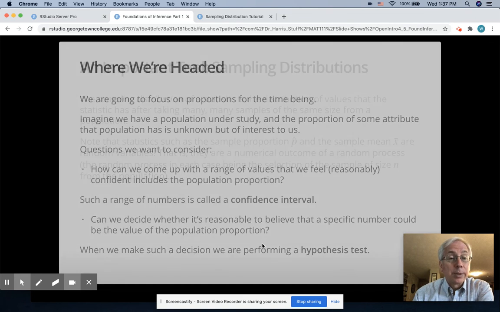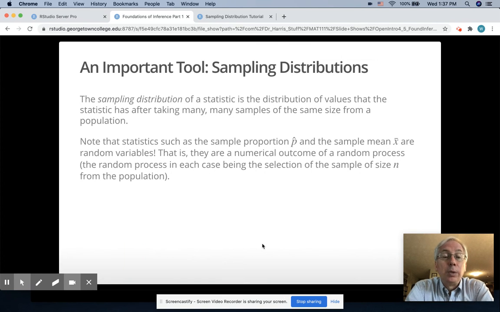But before that, we need to introduce the notion of what we call a sampling distribution. And that's what our second video is going to focus on, is trying to get a little bit of a handle on what we mean by sampling distribution. So if you take a sample from a population, you're going to get a particular value of a sample proportion.